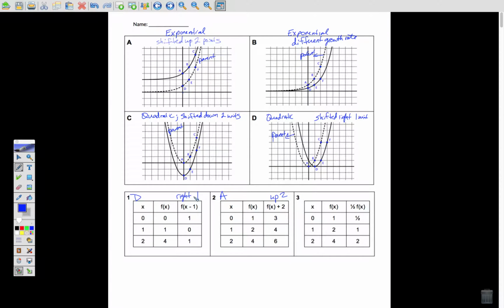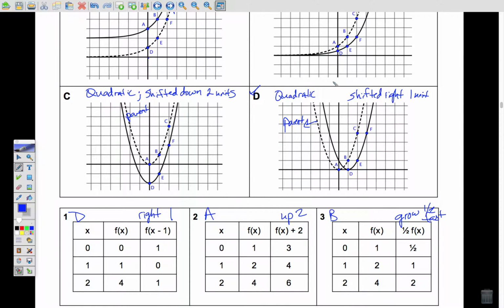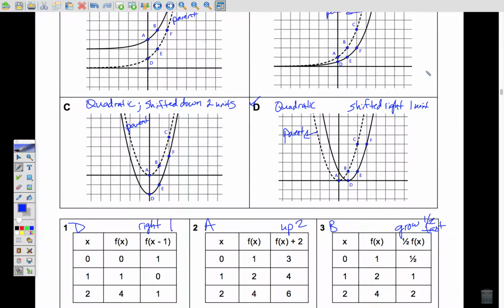All right, so we've used A and we've used D. So now we're down to graph 3 or table 3, and we have B and C left. Remember when we talked about the multiplier always changes its growth rate. So when we multiply it by 1/2, it's going to grow 1/2 as fast. And that's the one that we could see up here with graph B. If you notice, the parent graph was at 1, but the transformation grew 1/2 as fast.